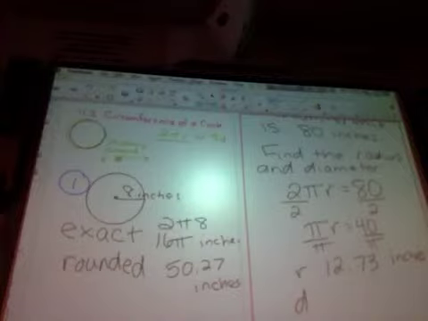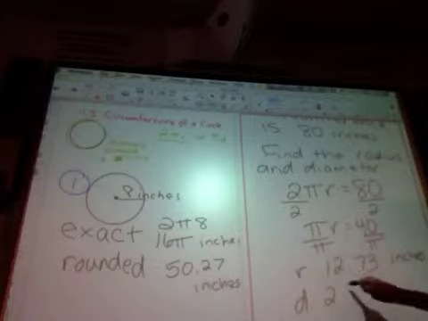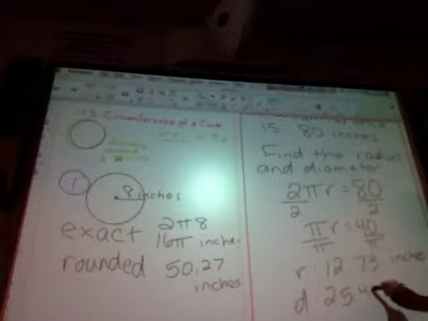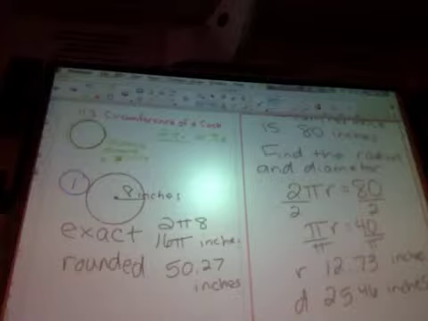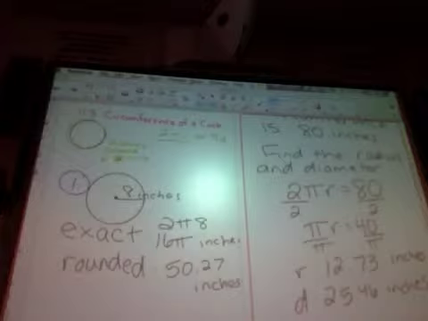And Jake is saying diameter, just take it times 2 and you get 25.46. Is that what you got, Colin? Yes. Okay. Is that okay? Yeah. Okay.